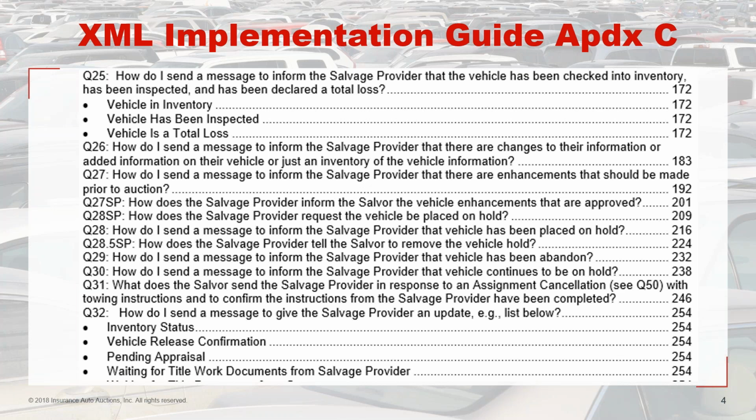I would recommend if somebody starts the process, always start with doing the assignment process first. That helps keep the two systems in sync, and it leads to not having as many exception processes where I'm just reporting back as a salver, and on assignments you put manually into my system.